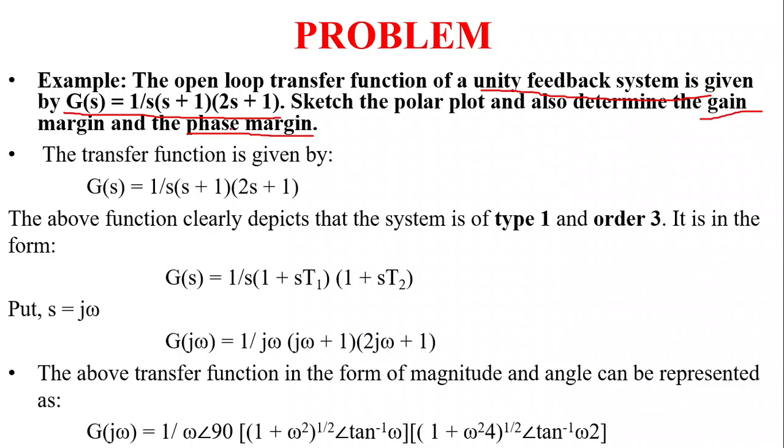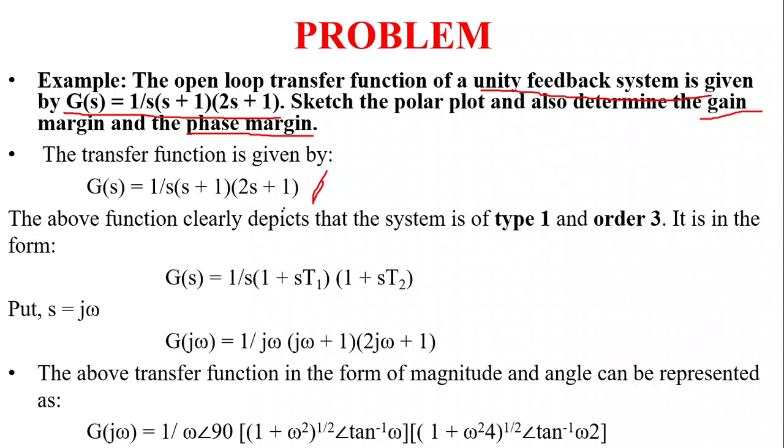This is our given question. For this question we have to sketch the polar plot and determine the phase margin as well as the gain margin. So first we have to write the given transfer function. The given transfer function is G(s) = 1/(s(s+1)(2s+1)).